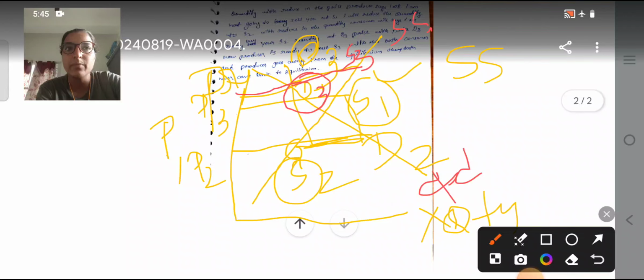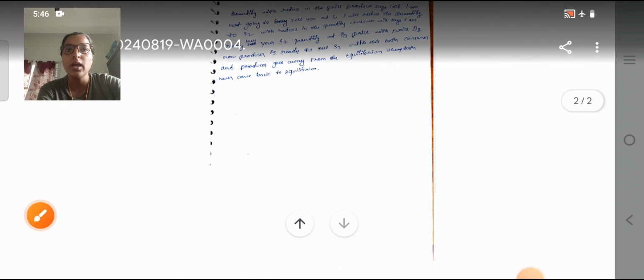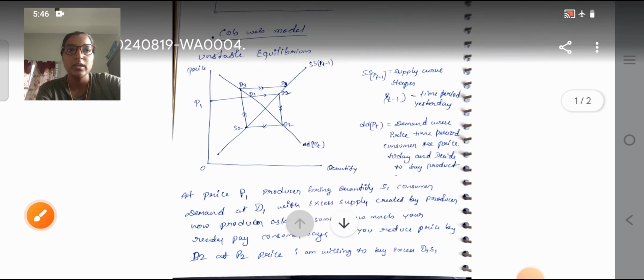So in this way, both the supplier and buyer, the consumer and producer, are going away from the equilibrium point. That's why we call it the cobweb model, unstable equilibrium.